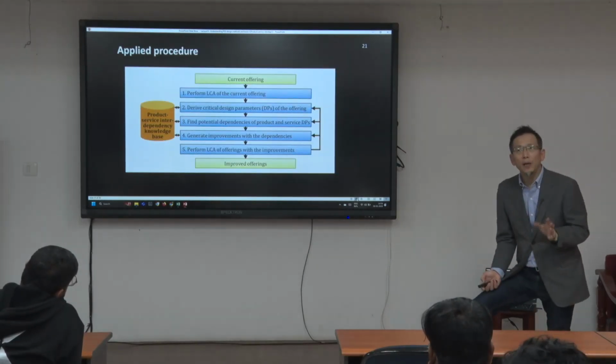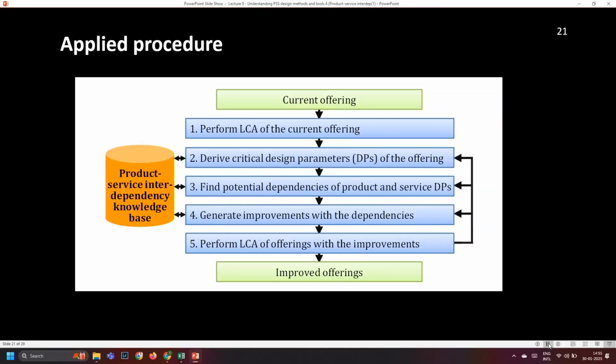So the procedure we applied for this case is this. The core part is steps 2, 3, and 4. Step 2 is getting the critical design parameters of the products and services. Step 3 is to find potential interdependencies between the product and service design parameters by using the knowledge base that I have explained.